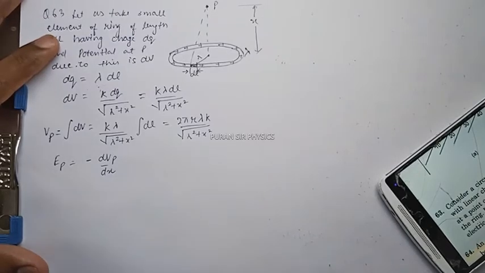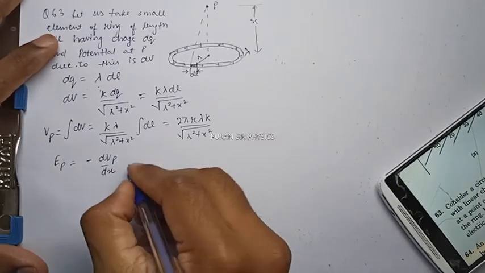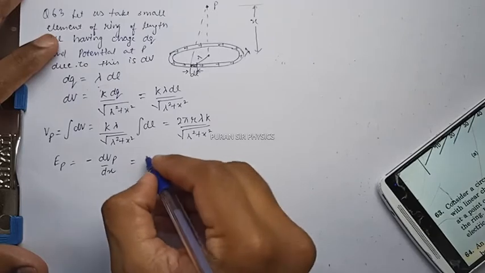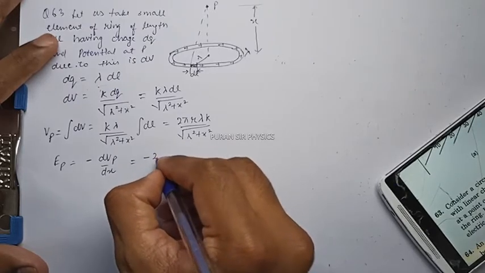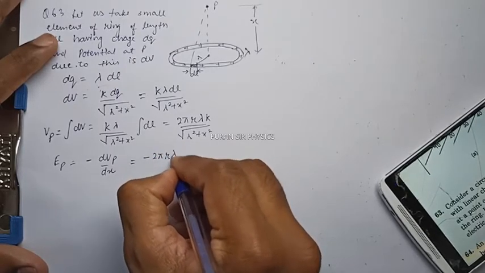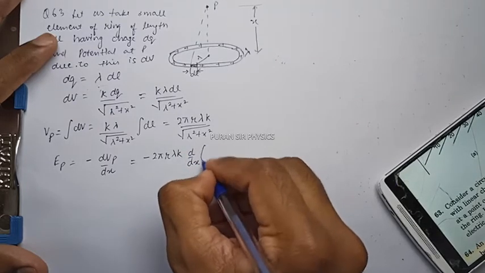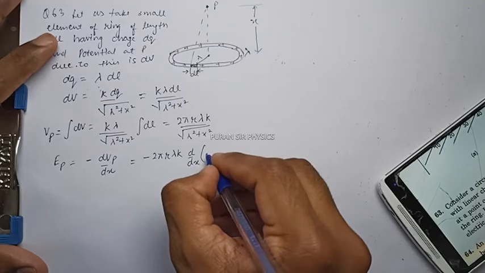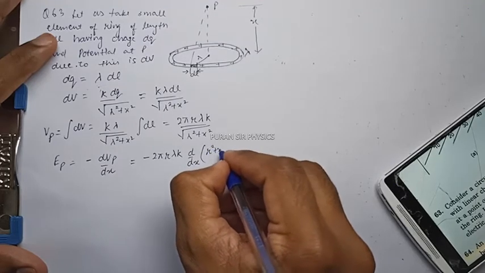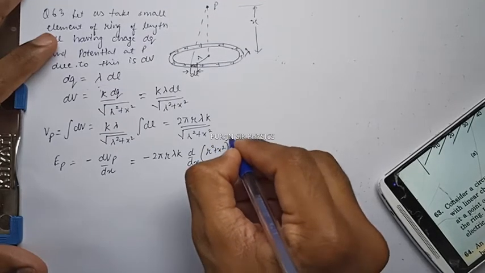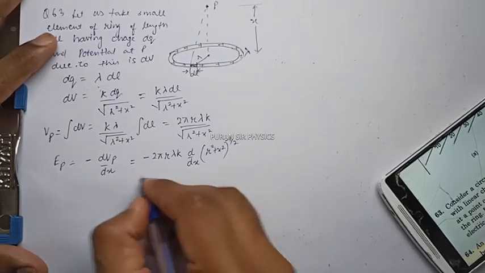So it will be minus 2 pi r lambda k d by dx of r square plus x square raised to power minus 1 by 2.